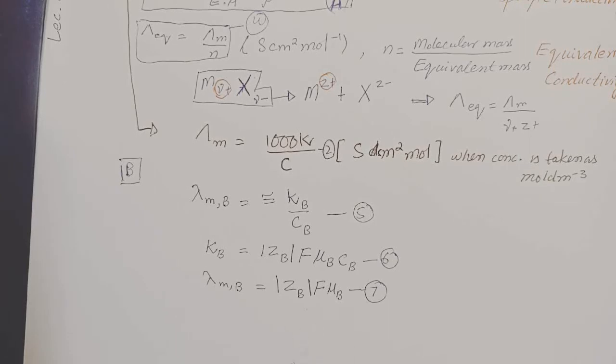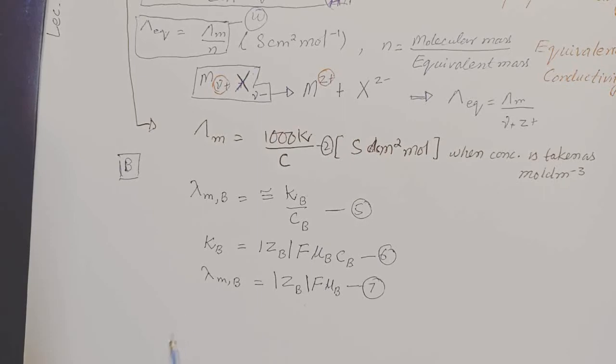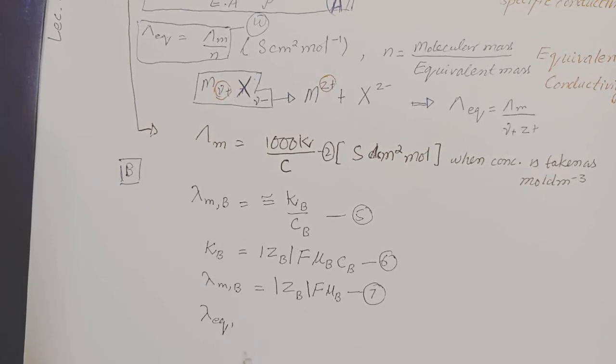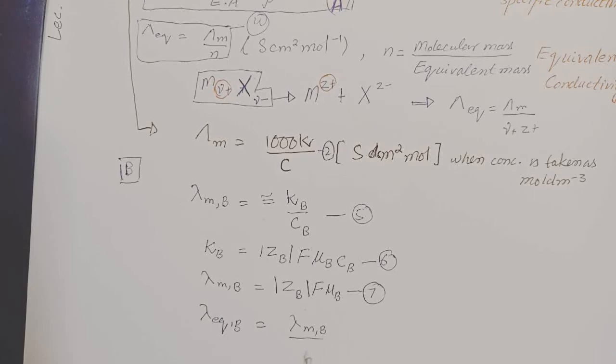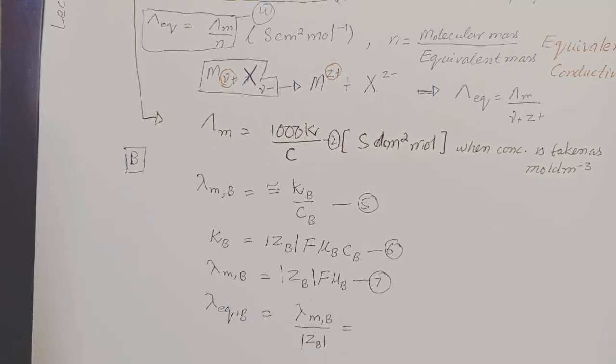Similarly, we can write the equivalent conductivity of ion B as the molar conductivity of ion B over its valency, or the amount of the positive charge.